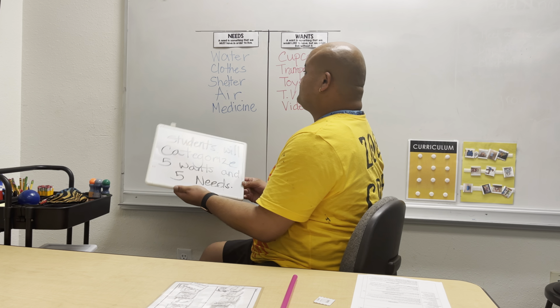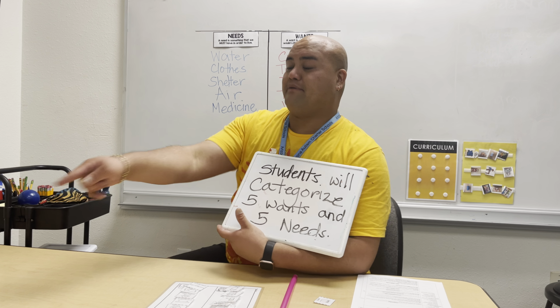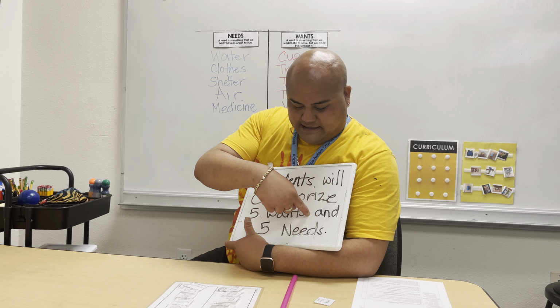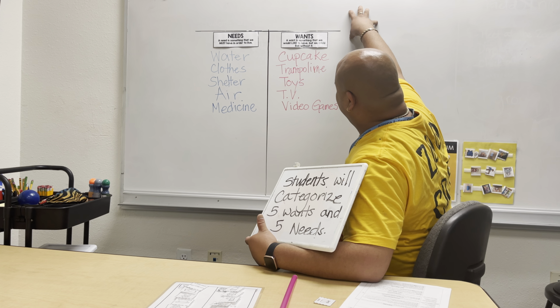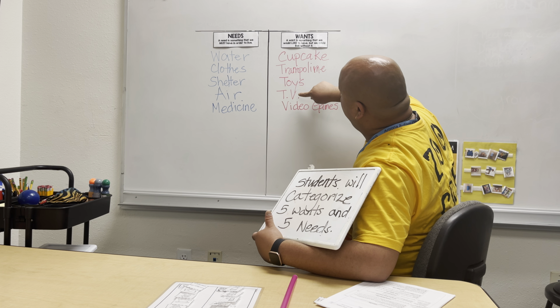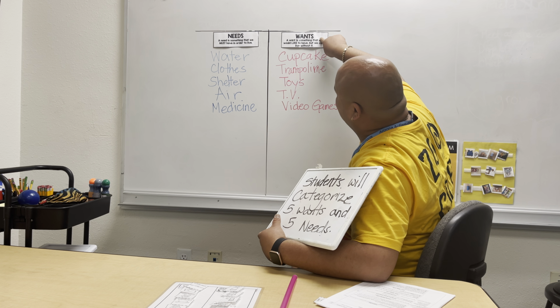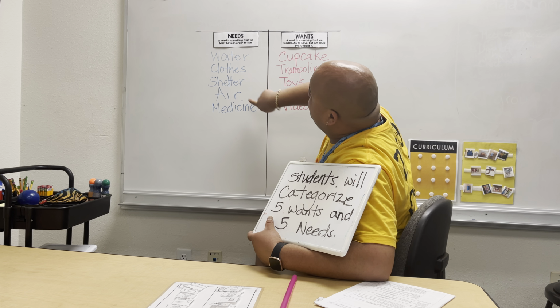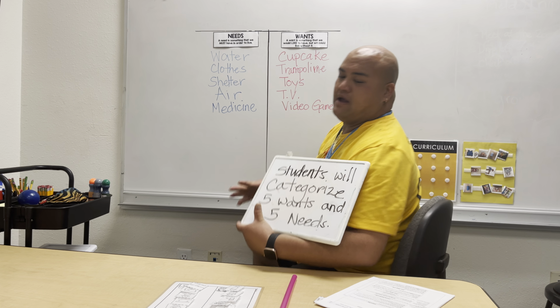What was our learning target? Very good. Our learning target was categorizing 5 wants and 5 needs. What we did today is we categorized 1, 2, 3, 4, and 5 wants, and 1, 2, 3, 4, 5 needs. Excellent.